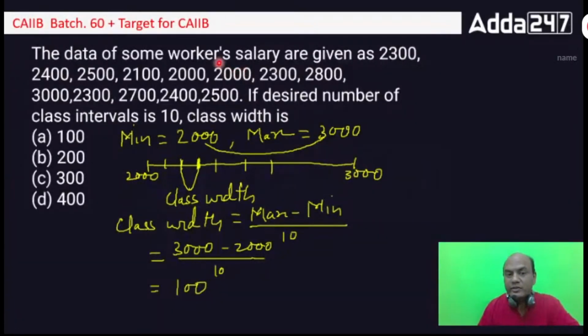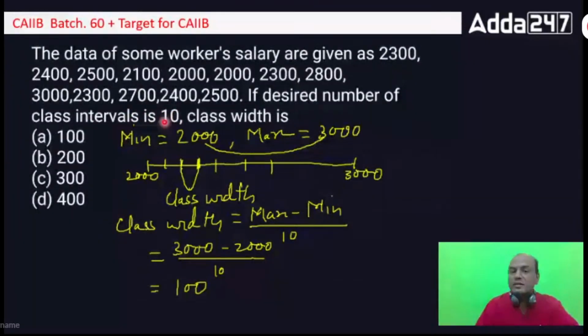So my class width will be what? How many groups do I want? 10 groups, intervals. Now width means the gap between the first and the second, the second and the third. So what will I do? Maximum minus minimum divided by 10. So 3000 minus 2000 upon 10. Why 10? Because I want 10 class intervals.